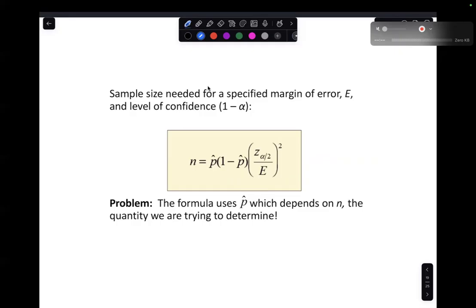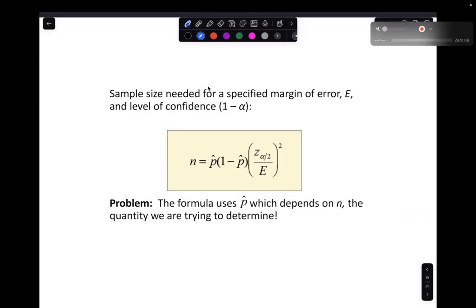So sometimes I need to figure out, how do I get a 95% confidence interval with a 3% margin of error? And it all comes down to sample size. So if I have a large enough sample size, I can get exactly what I'm looking for. I can get the exact margin of error and confidence level that I'm looking for. So sometimes we have to work backwards.